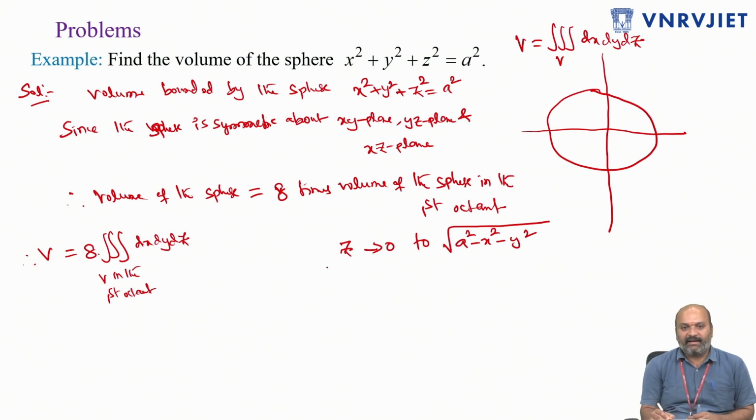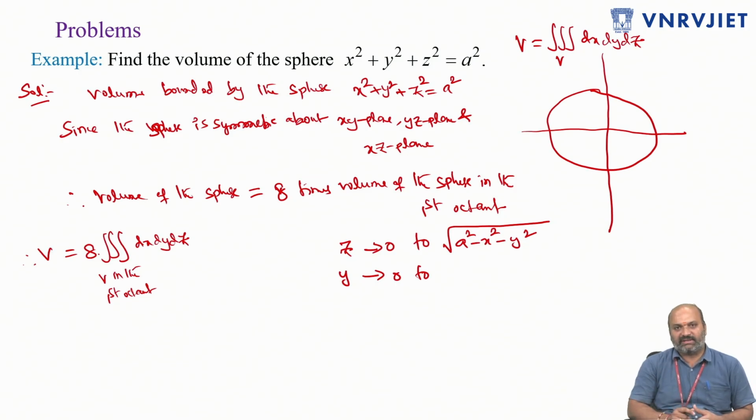Now coming down from 3 dimensions to 2 dimensions, let's consider the projection of that region in the xy plane. In the xy plane, the equation is z equals 0. If you substitute z equals 0 in the sphere, it becomes a circle: x square plus y square equals a square.